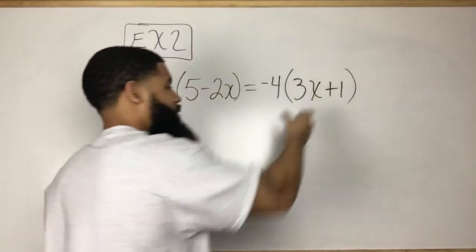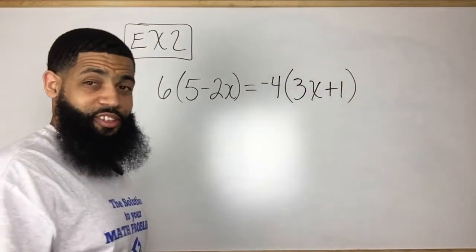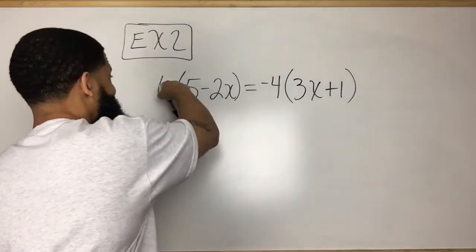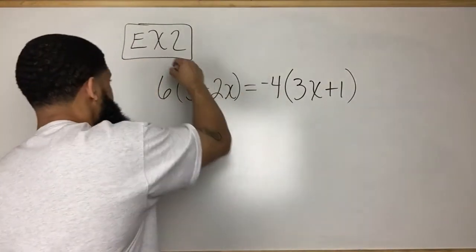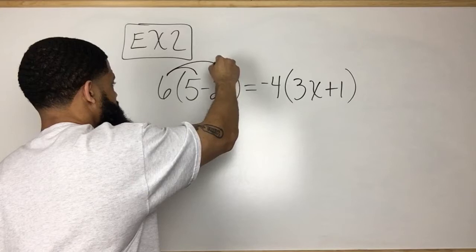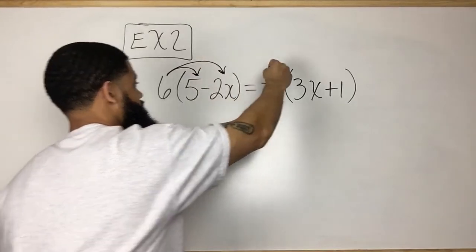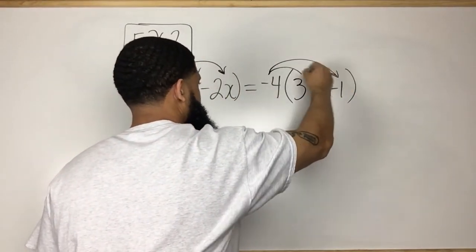Notice I said quantity because it's in parentheses. That's another topic though. I need to use the distributive property here: 6 times both terms inside the parentheses, and then negative 4 times both terms inside the parentheses.